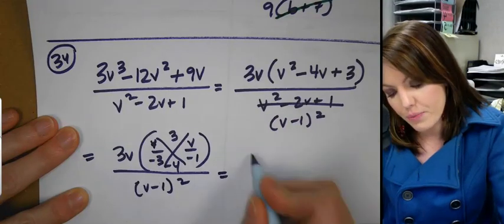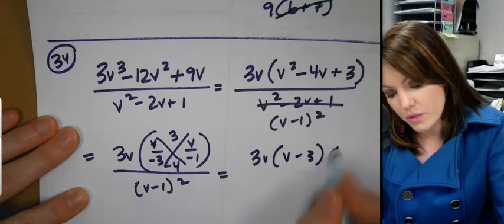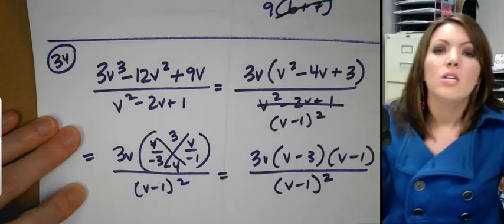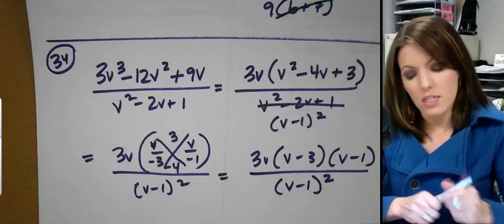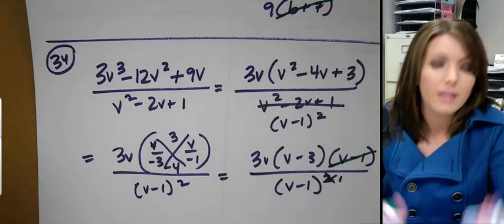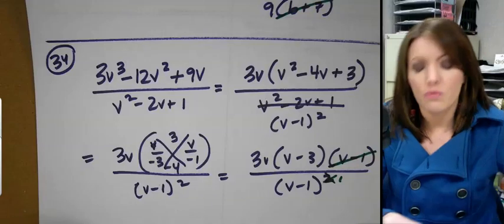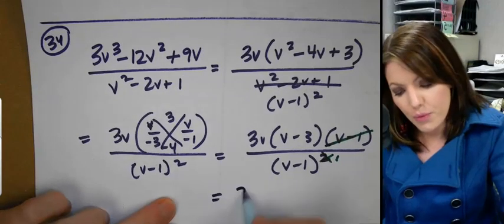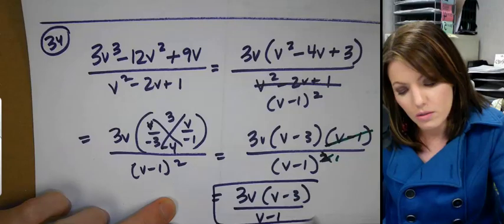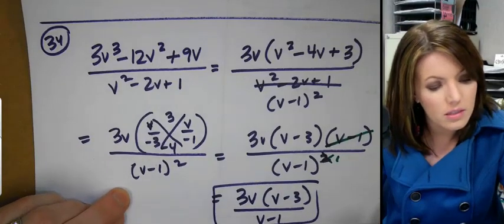So we get 3v times v minus 3 times v minus 1 over v minus 1 squared. The thing that cancels here is one of the v minus 1's, and that just goes to an invisible 1. So what we're left with for an answer is 3v times v minus 3 over v minus 1. And that would be b.